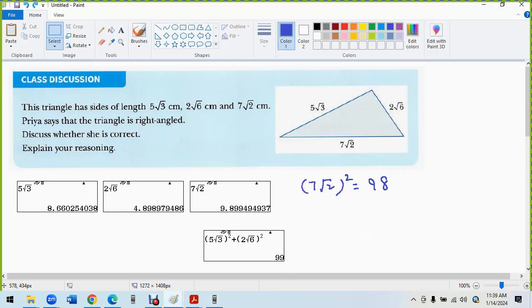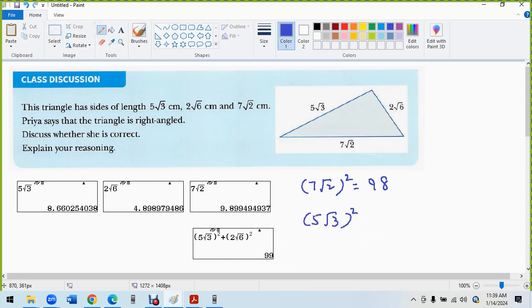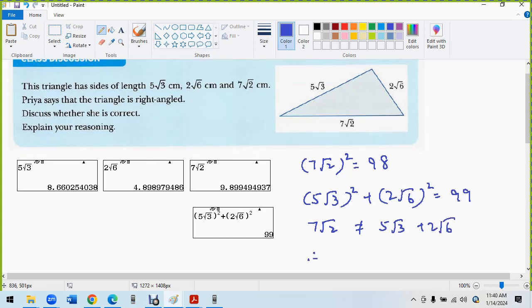Okay. So the 5 square root 3 square plus 2 square root 6 square is 99. So they are not equal. 7 square root 2 square not equal to 5 square root 3 square plus 2 square root 6 square. Therefore, it is not a right angle triangle. Okay.